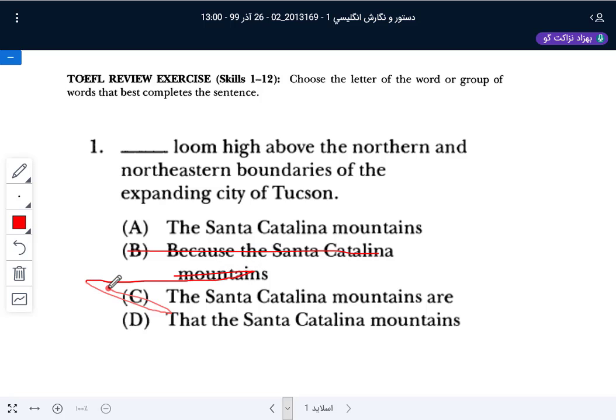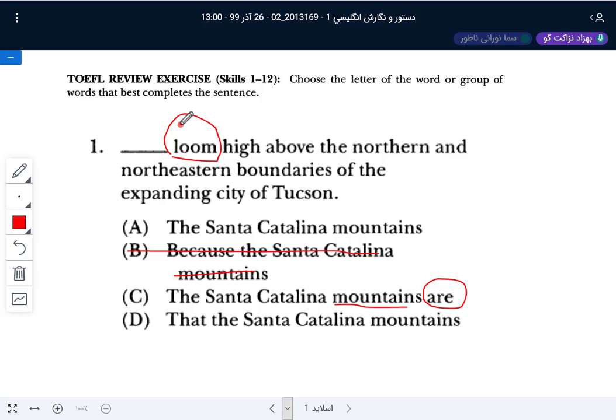Let's start with choice C. There's a noun clause marker. Santa Catalina Mountains is the subject, so the mountains is the subject, and are is the verb. So what is loom? Loom is the second verb.